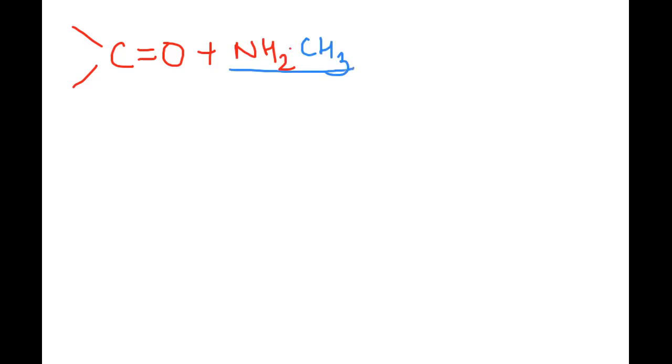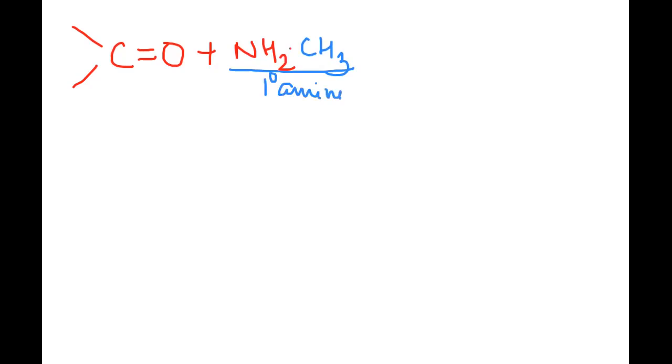If I show the carbonyl group with C in red with C double bond O, this is supposed to react with NH2, and the derivative part I can show in blue, that is, let us say it is CH3. Now this compound is actually a primary amine.